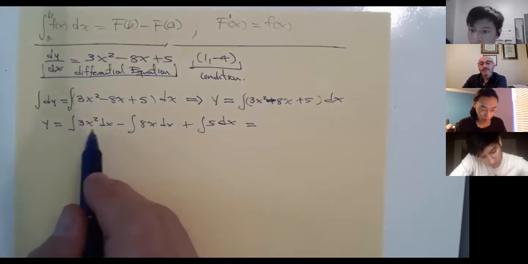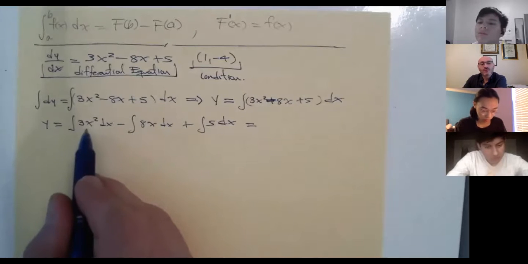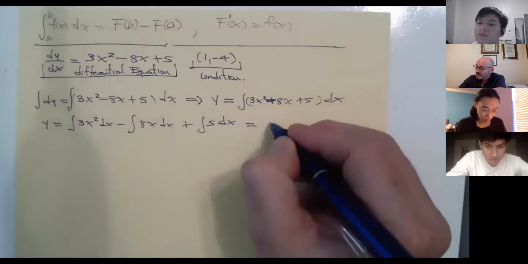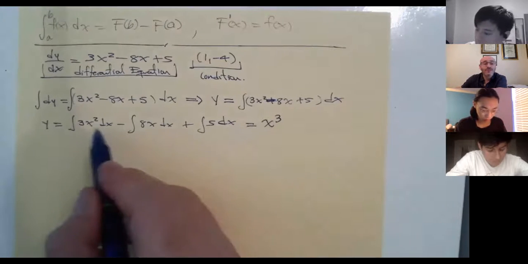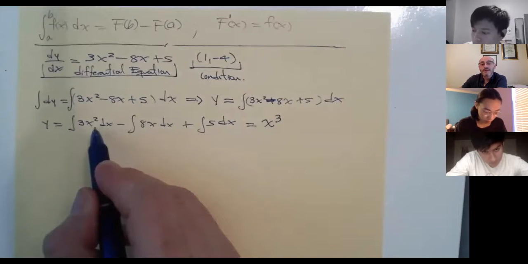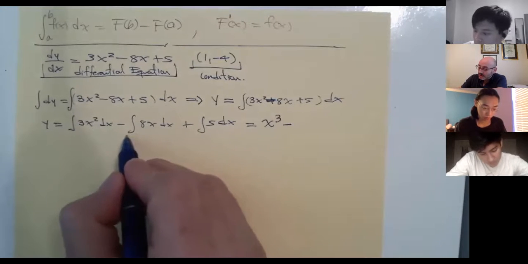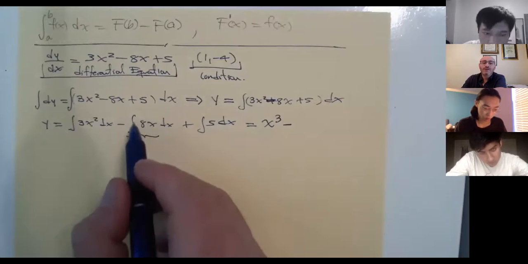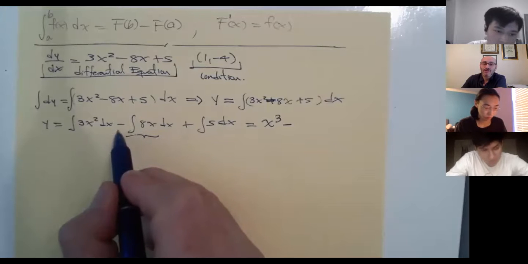What's the antiderivative of 3x squared? What should we differentiate to get 3x squared? X cubed. So the derivative of x cubed is 3x squared. Minus. Here, I'm going to apply 2 properties. I want you to pay attention to that. One of the properties is that we can take 8, which is a constant, outside the integral.